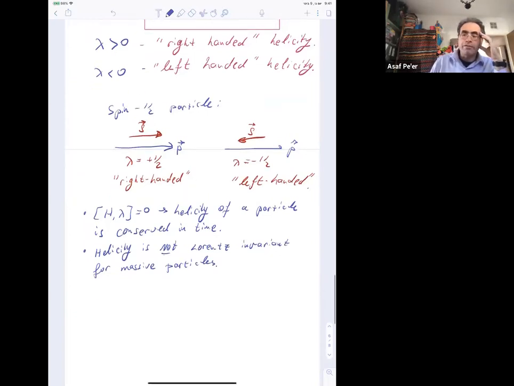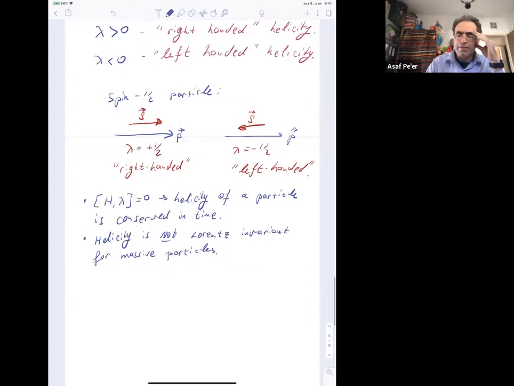The exception is if the particle is massless, because it travels at the speed of light. We cannot find a frame in which it moves in the opposite direction. So for a massless particle, helicity is both conserved in time and Lorentz invariant.